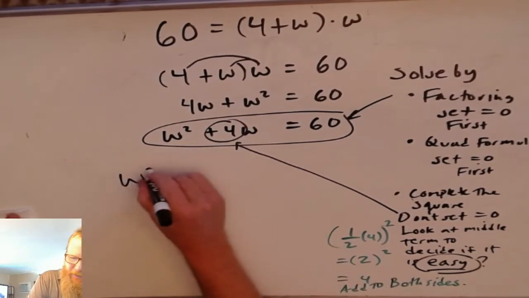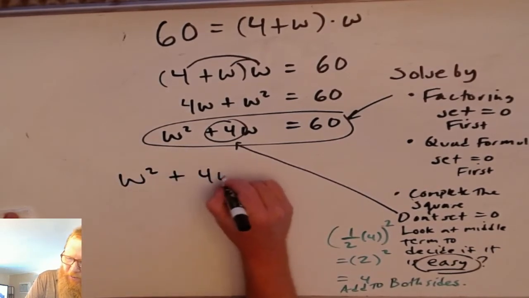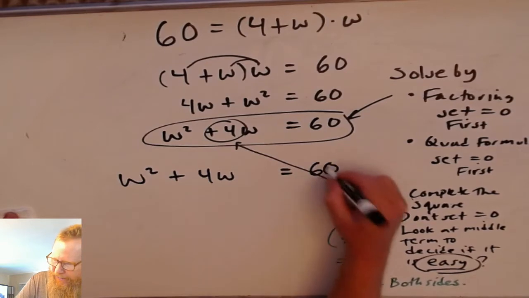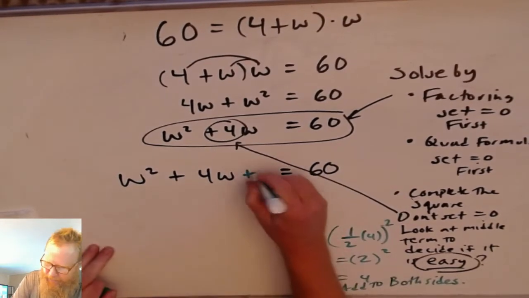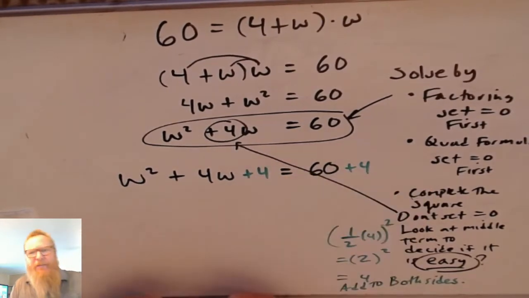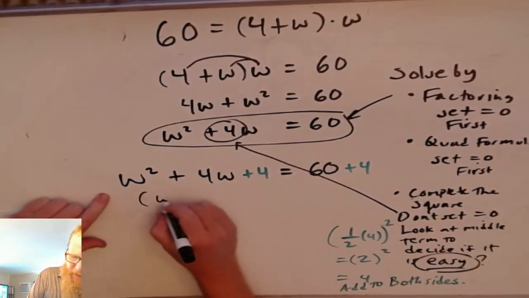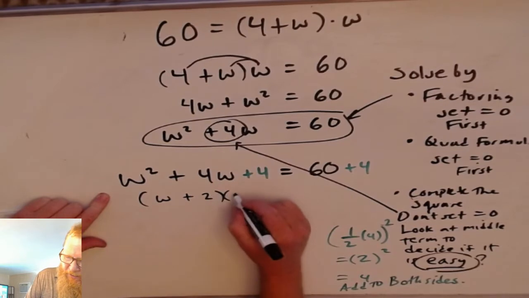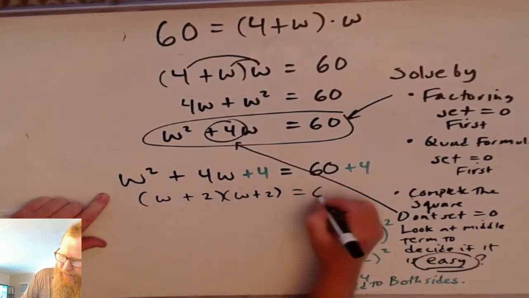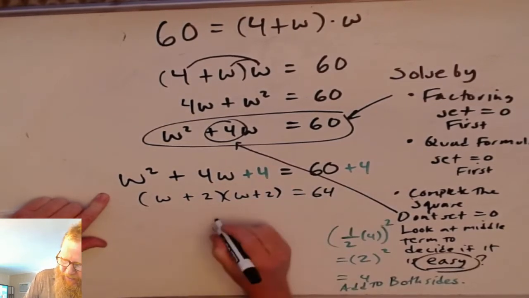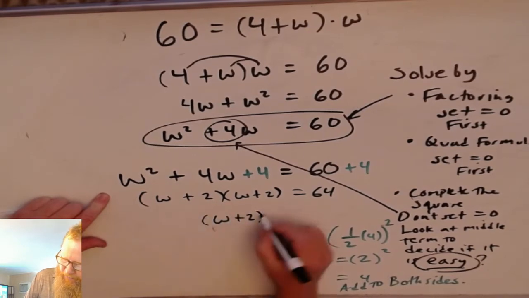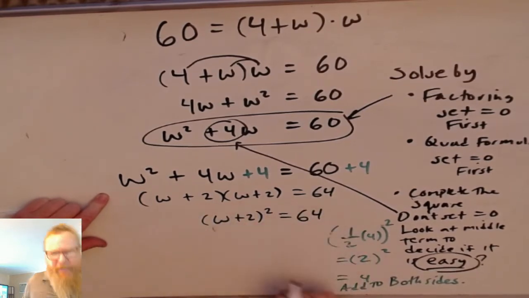So I'm going to get w squared plus 4w equals 60. And I'm going to add plus 4 to both sides. So now I've got w plus 2 squared equals 64.